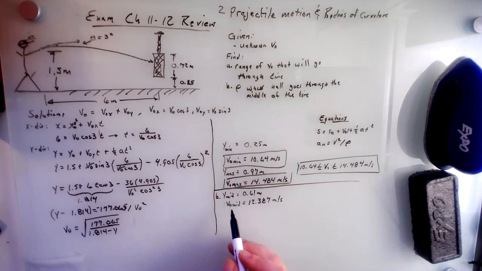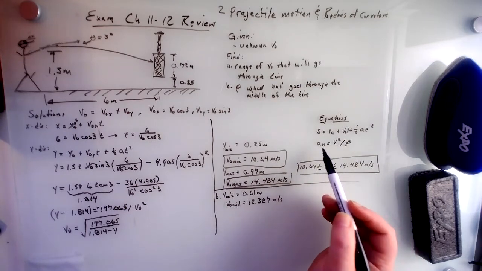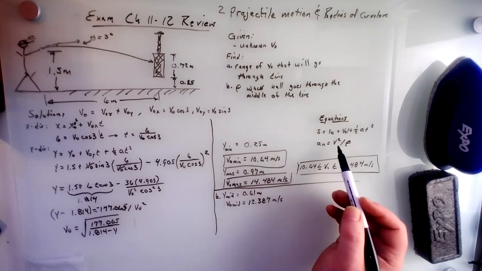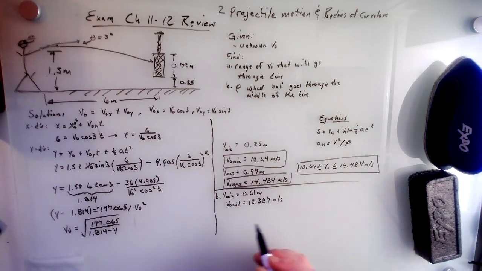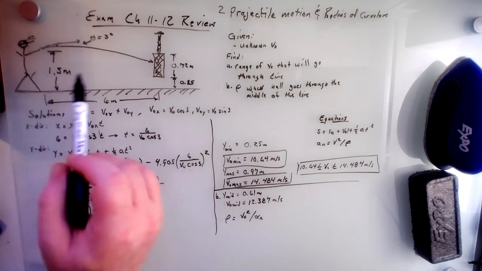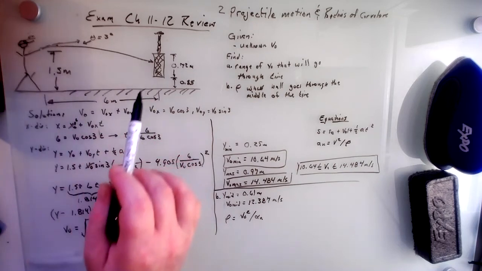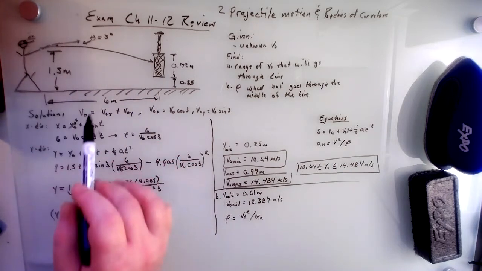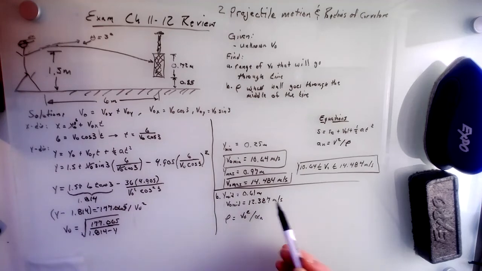Okay, so we have our v naught, and the equation is the acceleration in the normal direction equals v squared over rho. We're looking for rho. So here we have rho is equal to v naught squared over the acceleration in the normal direction. Well, if we assume a relatively constant velocity, right? We're going 6 meters. This is 13 meters per second.